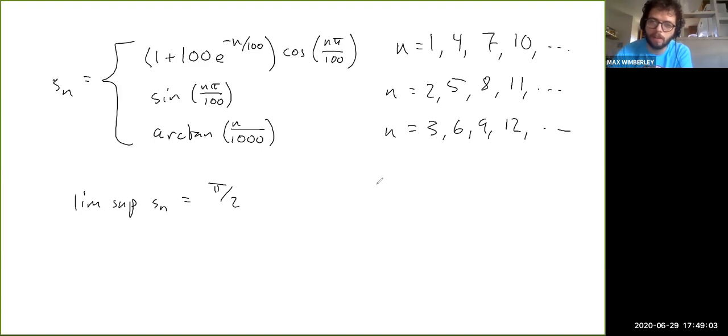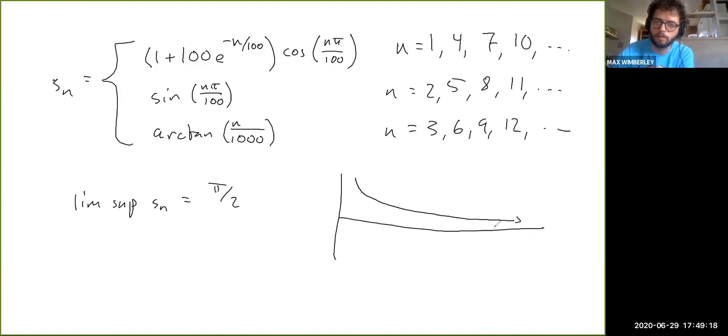So let's sketch a little bit of what's going on. With this first sequence, you can sketch all three of them and overlay them. This top one is supposed to be the 1 plus 100 e to the, let's say, minus x over 100 as a curve, right?